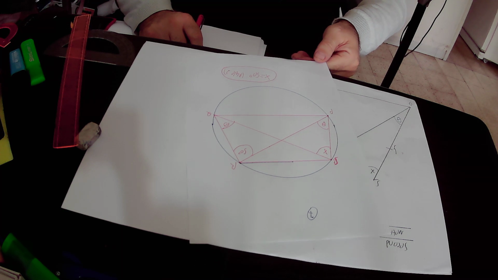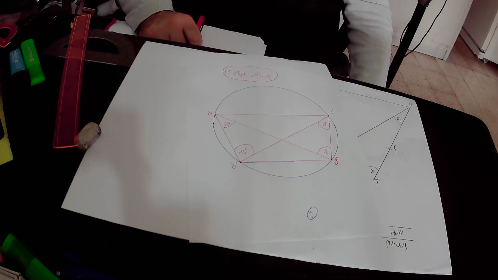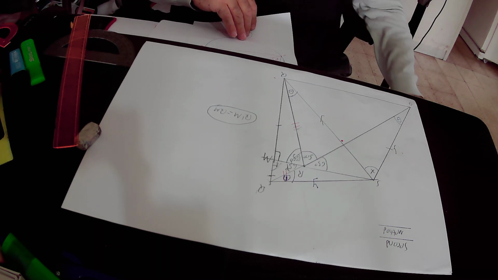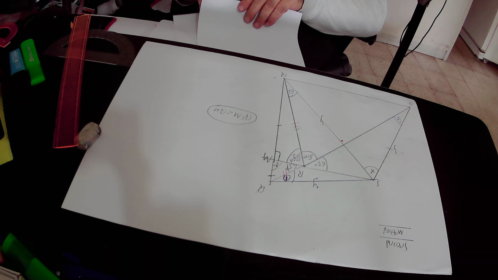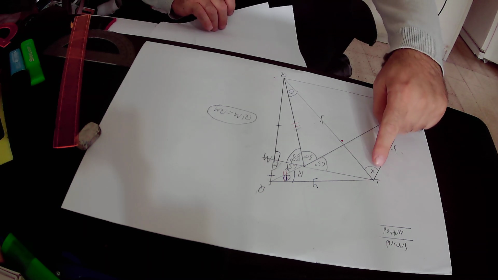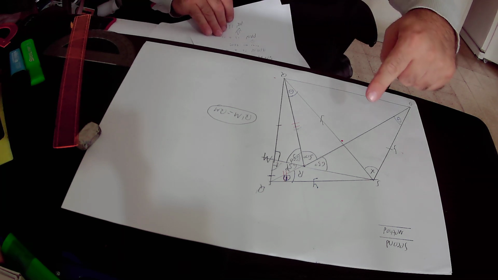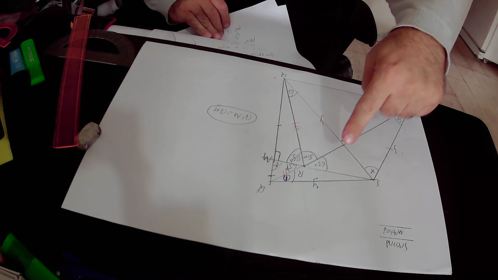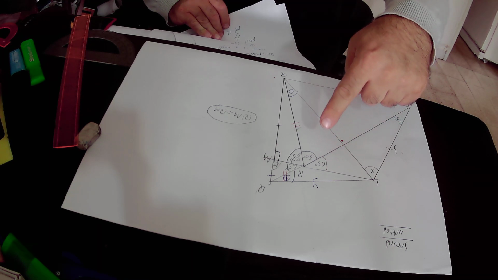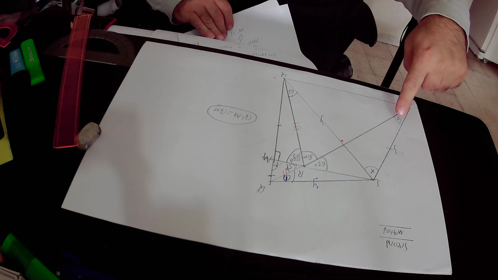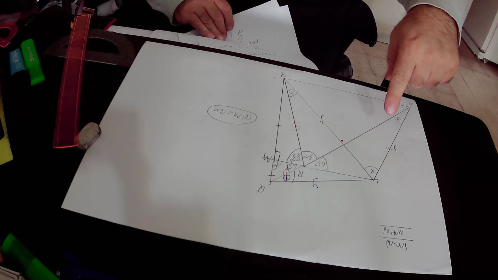In the next step, I will summarize the lecture. We wanted to find the size of angle X. We know that angle SRP equals 65 degrees, angle PRQ equals 50 degrees, and side SP equals side SQ.